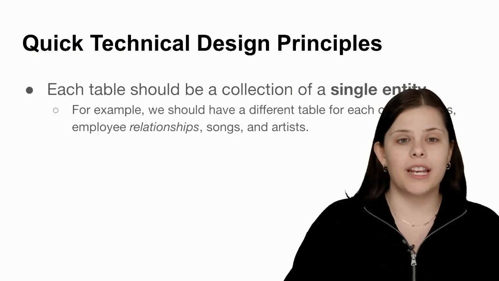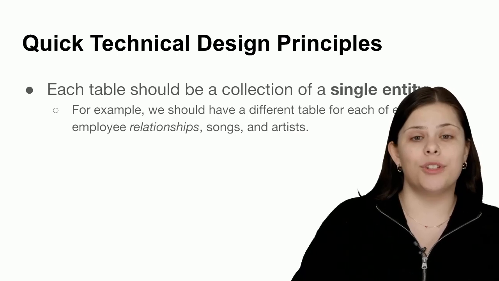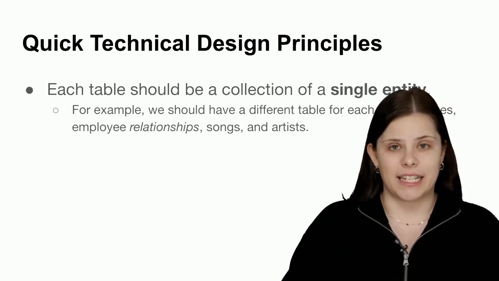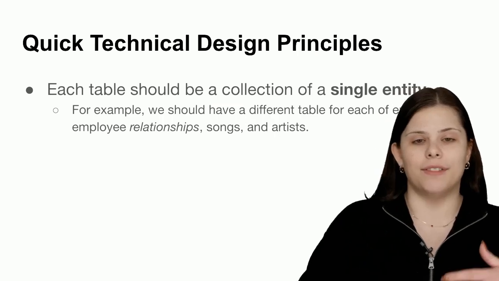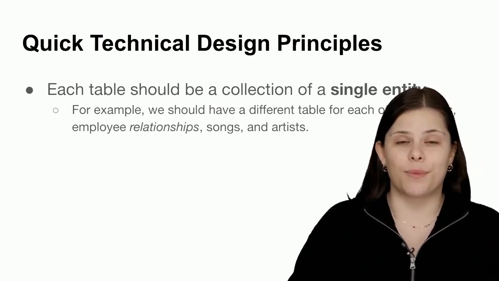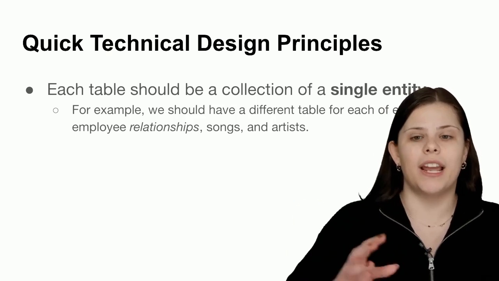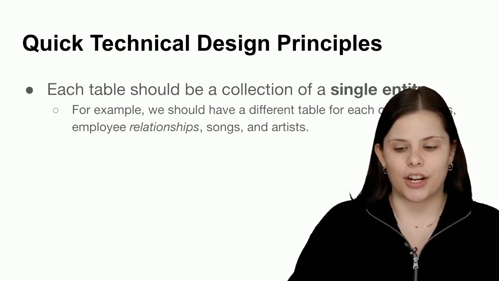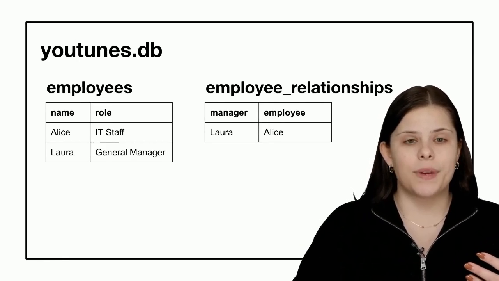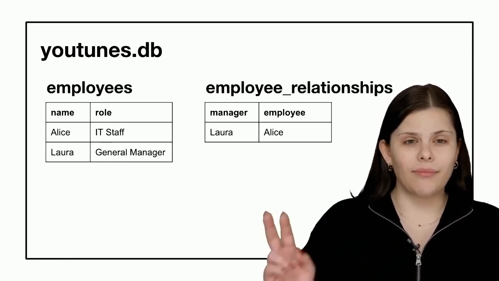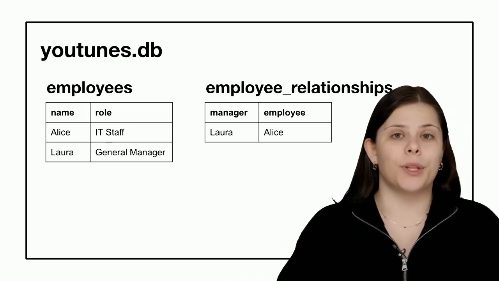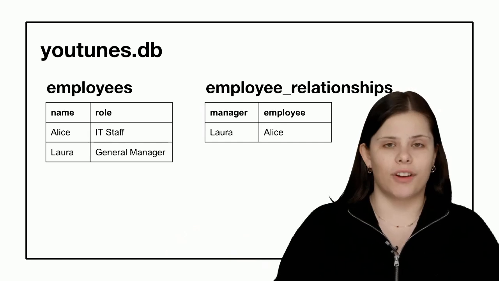Well, the first principle is that each table should be a collection of a single entity. We should have different tables for different kinds of information so that we can separate it and access it more easily. For example, here we have two tables that contain employee information, not just congregated in one.